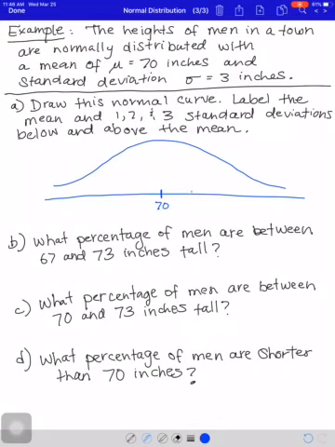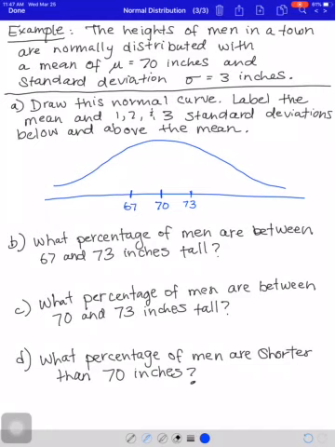Now I'm going to label one standard deviation both above and below the mean. If I go 1 standard deviation above the mean, that's going to be 70 inches plus our standard deviation of 3 inches for a total of 73.